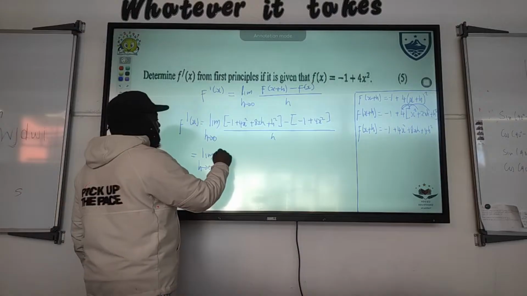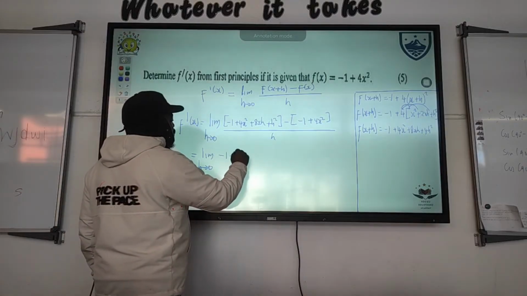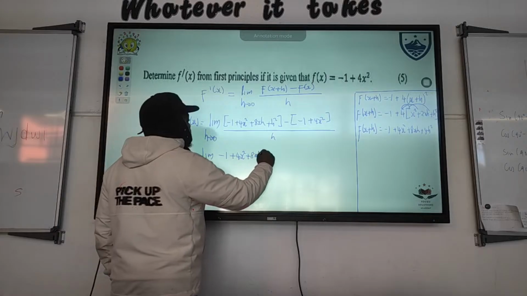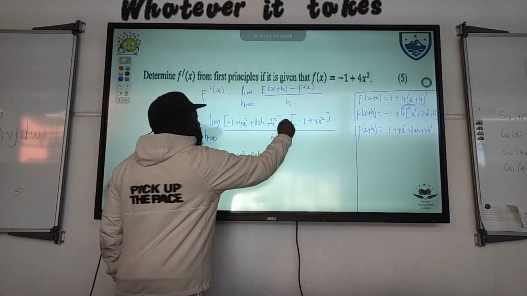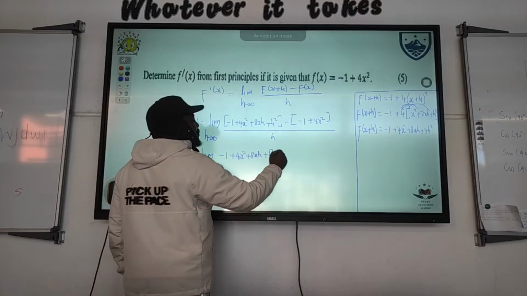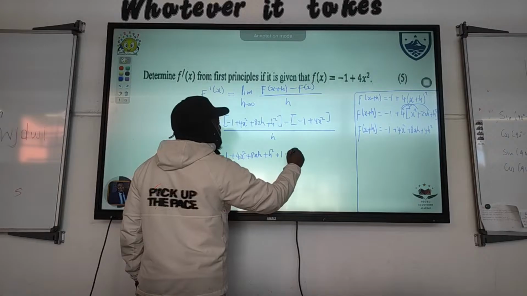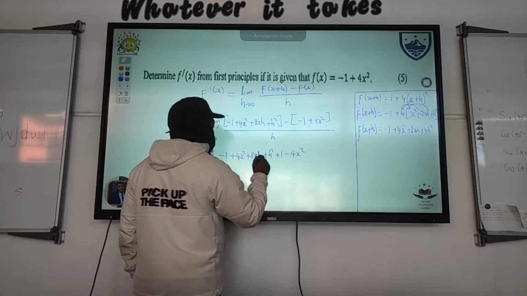Now let's remove the bracket. I'm going to have a minus 1 plus 4x squared plus 8xh plus h squared. This multiplied by this will be a plus 1. This multiplied by this will be a minus 4x squared.